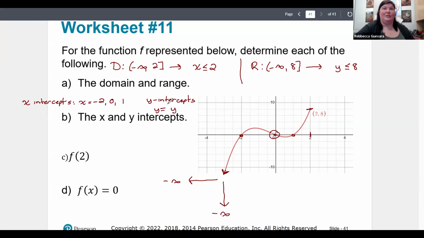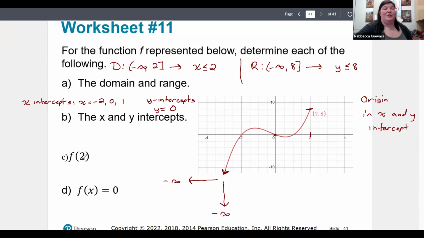So if you ever cross the point (0, 0), that is both an x-intercept and a y-intercept. So I'm just trying to catch all the things that you may potentially see or close to them.